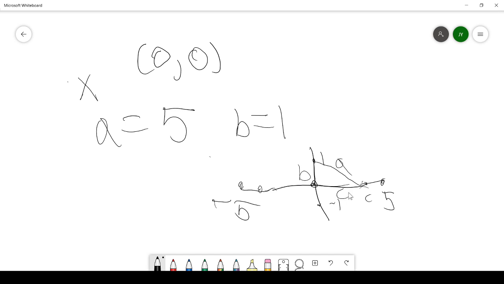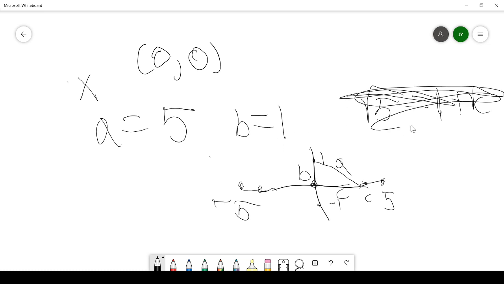This is B, and this is C. So 25 equals 1 plus C squared, my bad, not that. And the answer to this, the square root of 24, is something around 4.899.